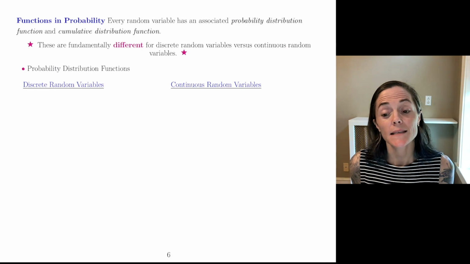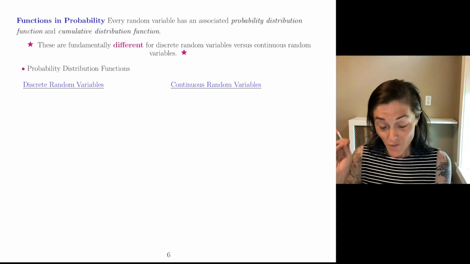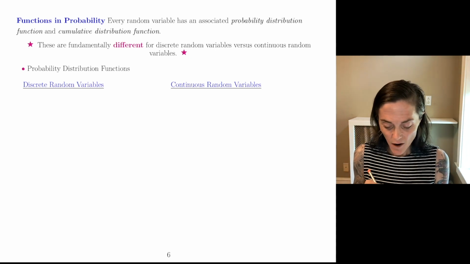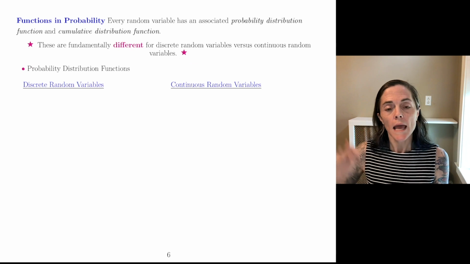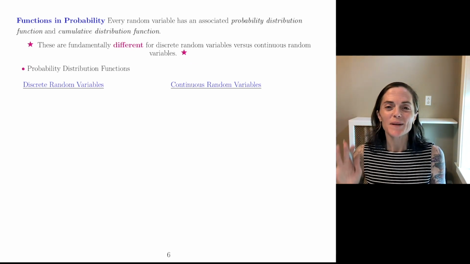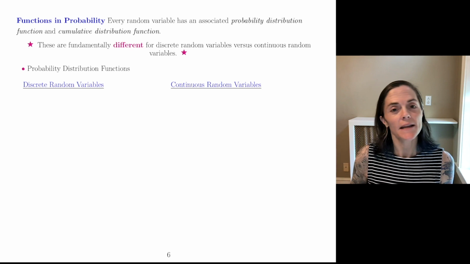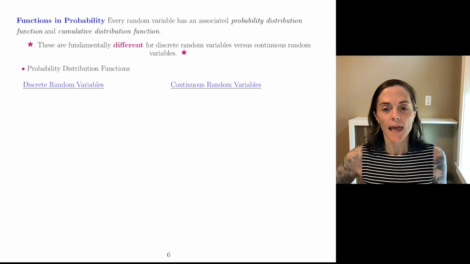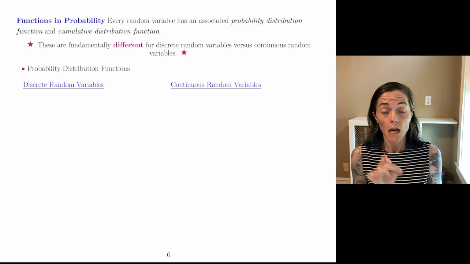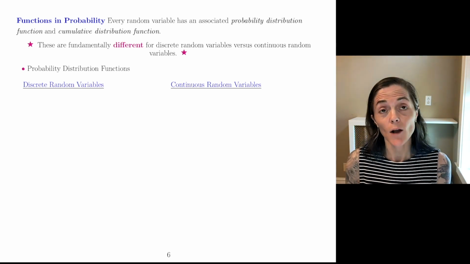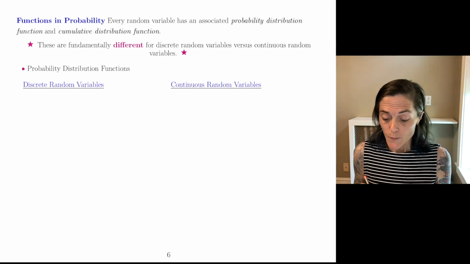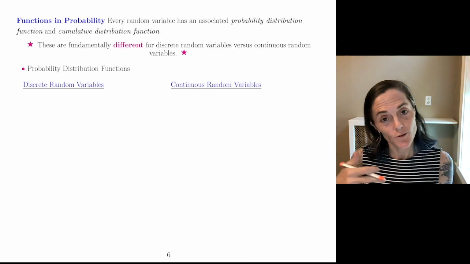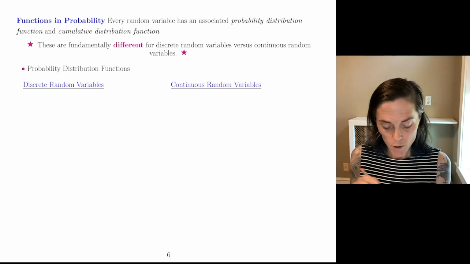Now, this is a very important slide. It's very important that we understand the difference here. You notice I have made these stars in magenta. So we have functions in probability that we will use a lot. Every random variable has an associated probability distribution function and cumulative distribution function. But how we go about calculating these, especially the probability distribution function, is fundamentally different for a discrete random variable and a continuous random variable.